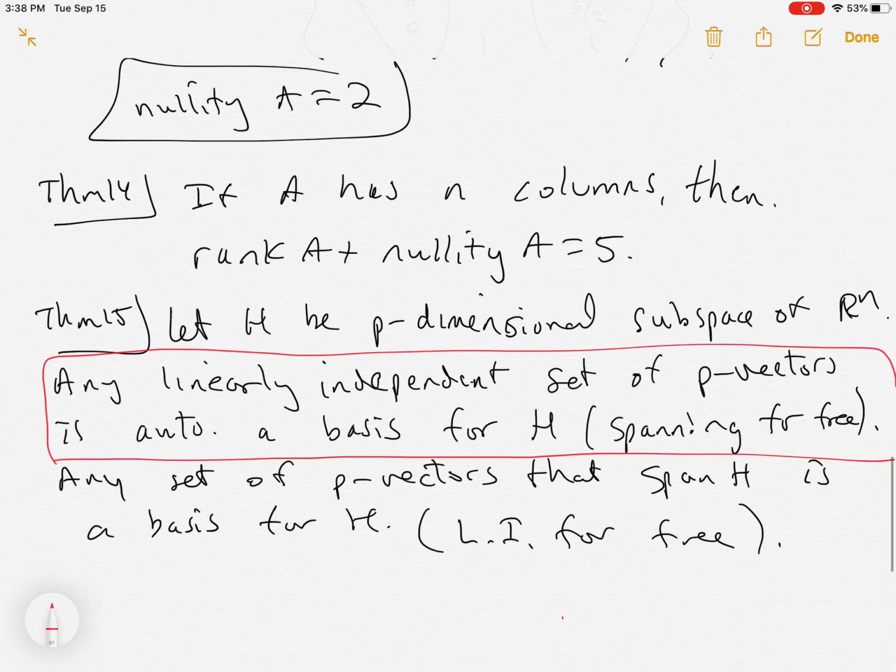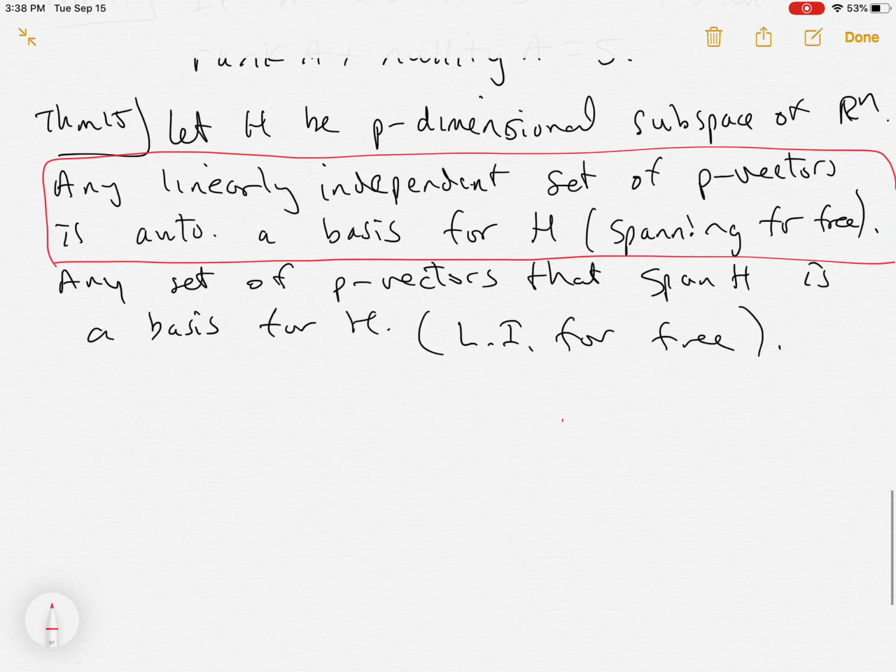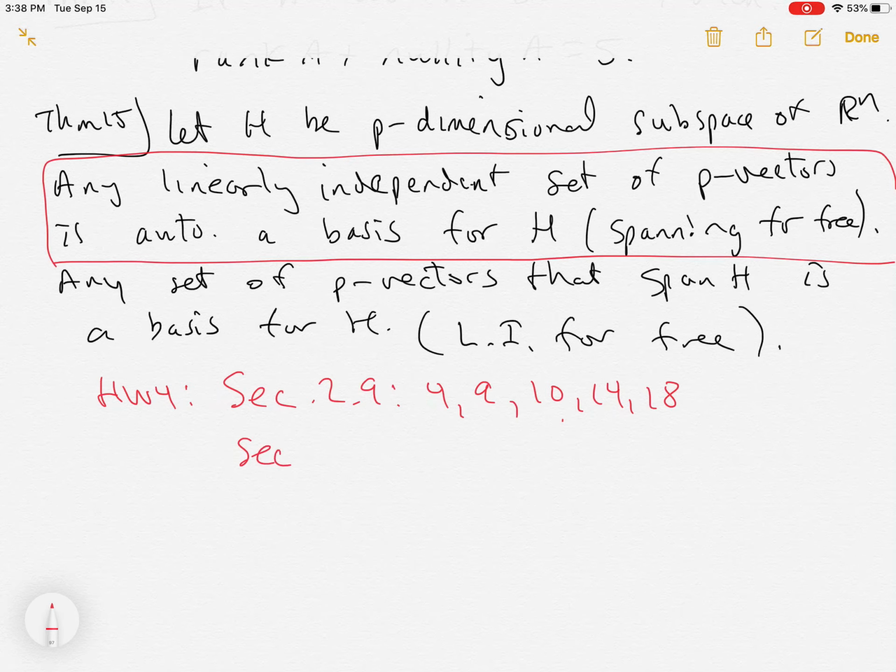All right. And so that's it. I added some more homework problems from 2.9. There are problems 4, 9, 10, 14, and 18. And just to reiterate, I haven't been doing this, but section 2.8 had 8, 10, 19, 24, 25, 31, and 32.